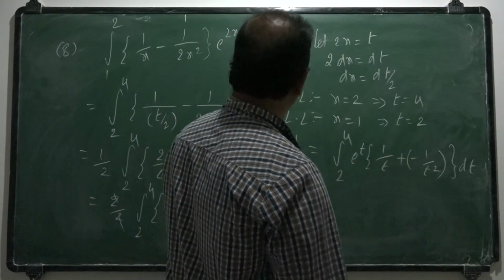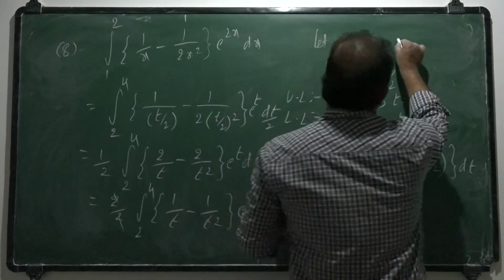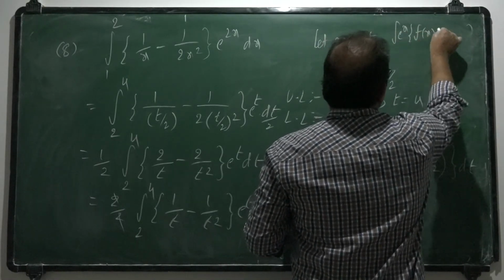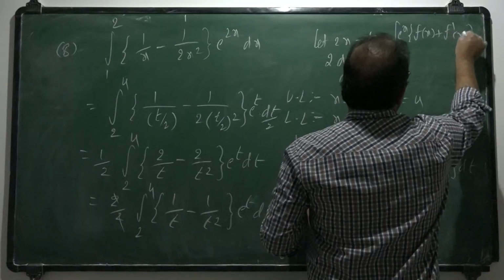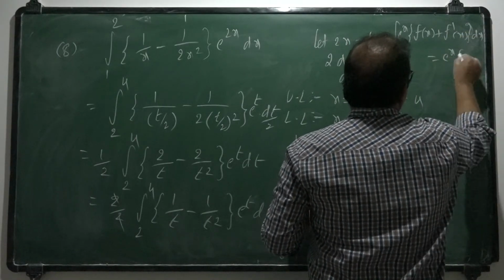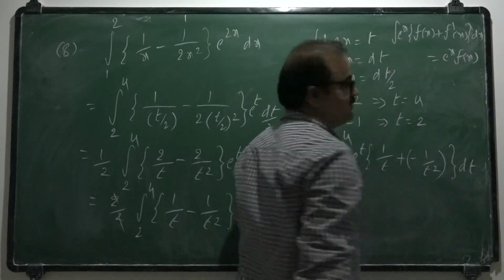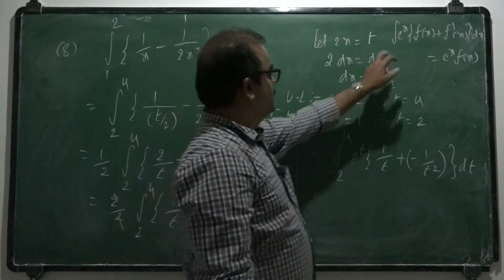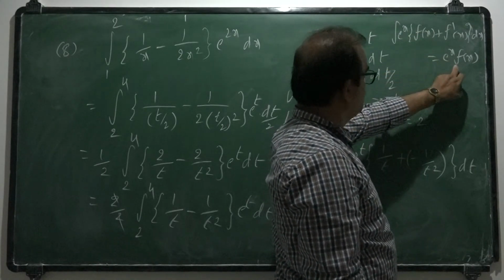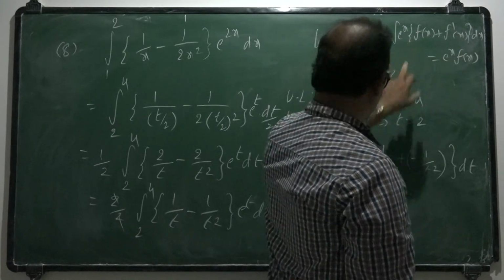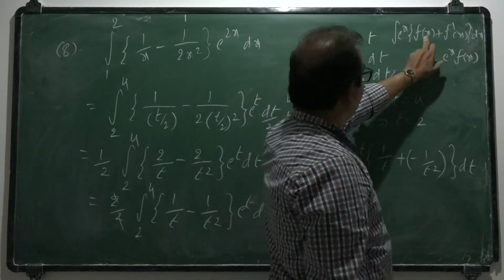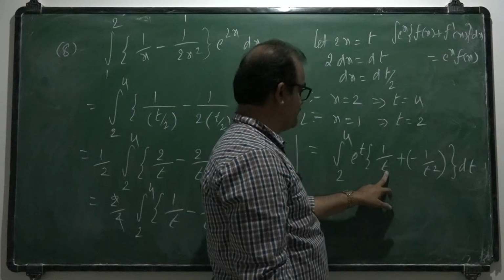We have one formula, integral of e power x into f of x plus f dash x into dx is equal to e power x into f of x. In integration, if the given integral is in this form, then we apply this formula. Here it is in this form. In place of x there is t. In place of f of x, here it is f of t.